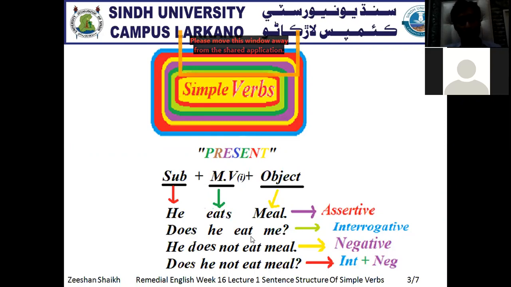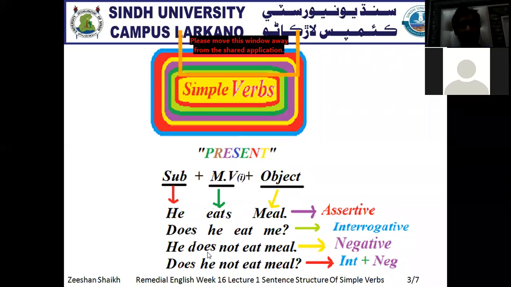Now you might be confused that in our previous sentence we gave s to the main verb, but right now we haven't given s, because there is a rule that whenever we make a sentence interrogative or negative, we have to remove the s or es from the main verb.